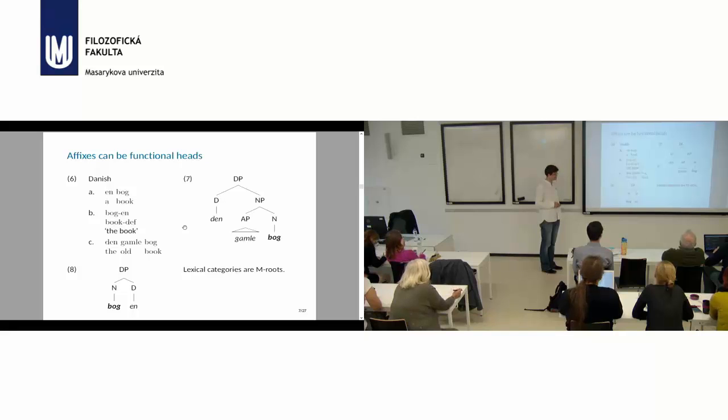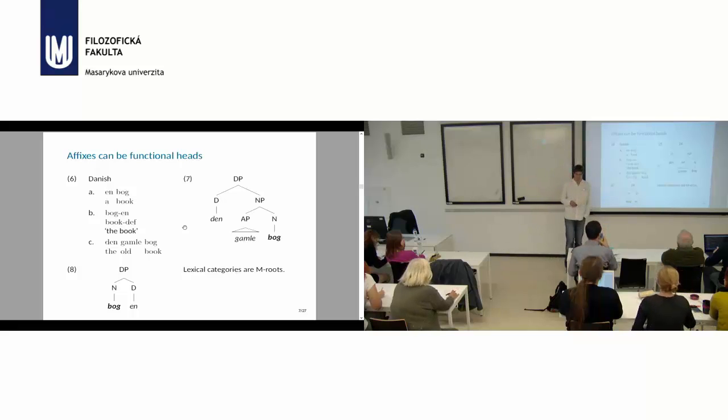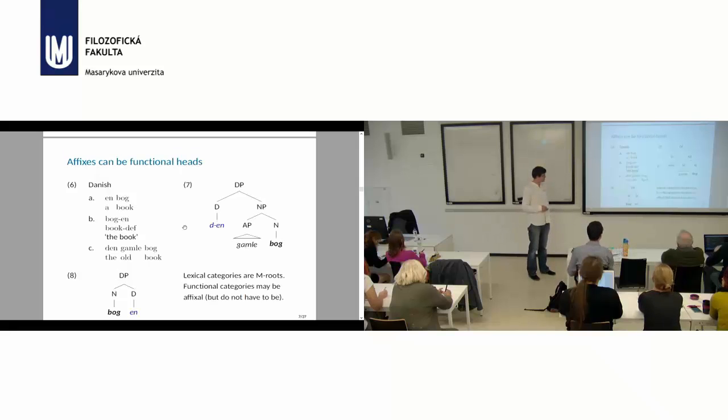Okay? So there was the observation that lexical categories in general correspond to what people call morphological roots. On the other hand, the functional markers can correspond to affixes. Okay?